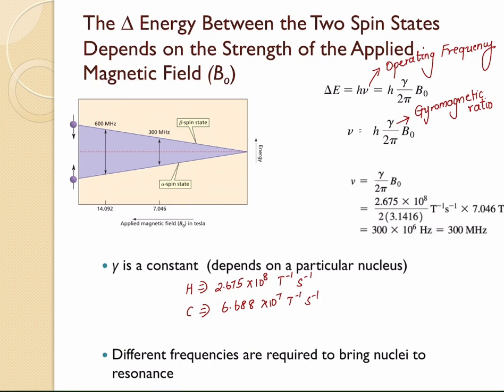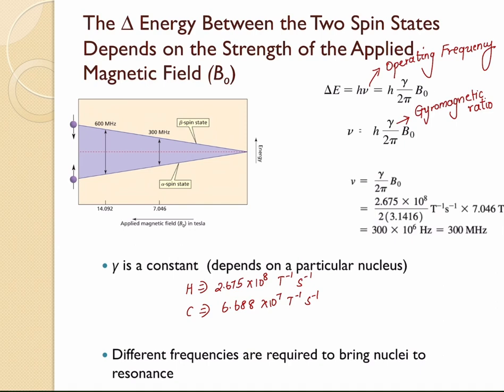Now let's say that we apply the gyromagnetic ratio and the strength of the applied magnetic field in this equation. So let's say that you're taking the hydrogen nucleus, for which the gyromagnetic ratio is 2.675 times 10 to the power of 8, and the applied magnetic field strength is 7.046 Tesla. So if this is the case, then the spectrometer will require an operating frequency of 300 megahertz.